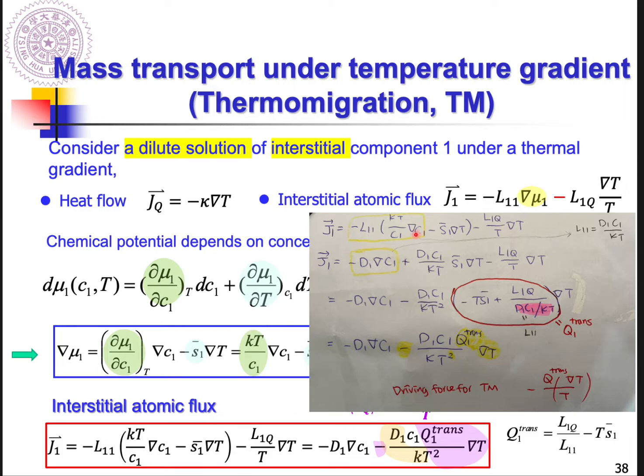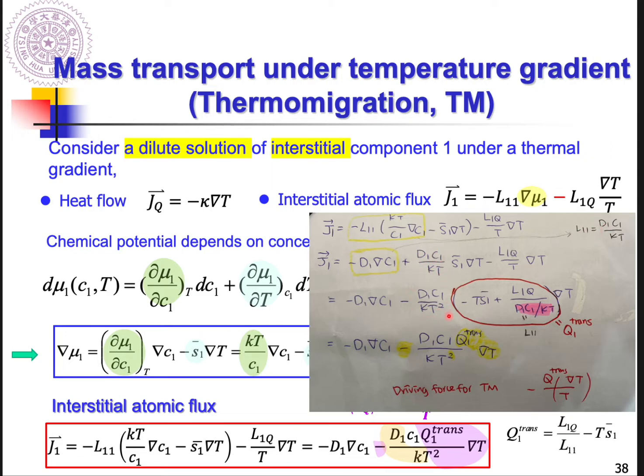I'll try to help you organize this. The first term here is the diffusivity because of Fick's first law. Because of this relationship, we can get L11 equals D1C1 over kT. And the second term is the temperature gradient term, which includes this term and this term. We just copy them here and pull the temperature gradient outside, with D1C1 over kT. This is L11, right?